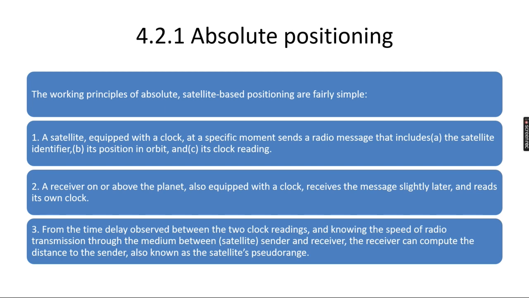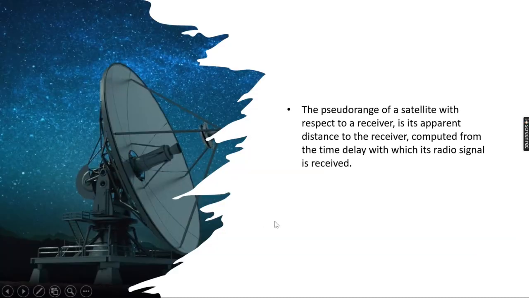From the time delay observed between 2 clock readings, and knowing the speed of radio transmission through the medium between the sender and the receiver, we can compute the distance to the sender, also called the satellite pseudo range. So the pseudo range of a satellite with respect to receiver is its apparent distance to the receiver computed from the time delay with which the radio signal is received.